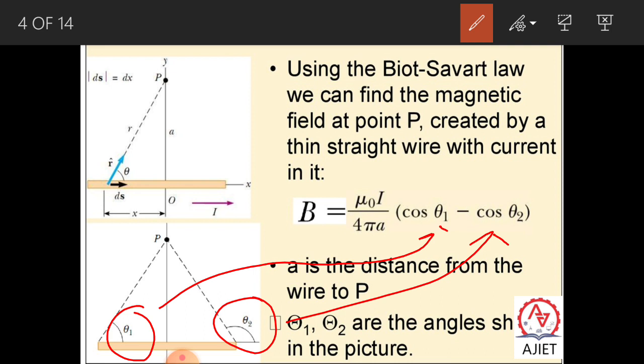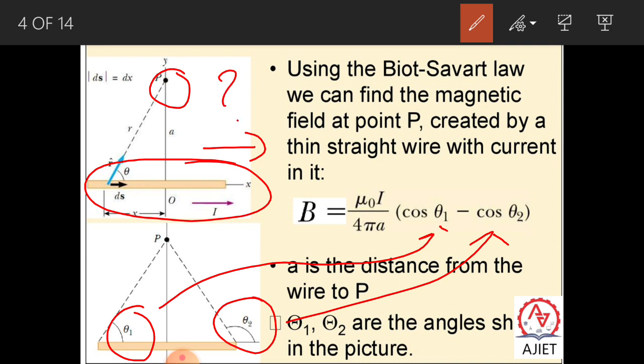In this analogy, this is the current carrying conductor, and current is passing through this wire in this direction. Now we have to determine what is the magnetic field at this point, for a straight current carrying conductor.